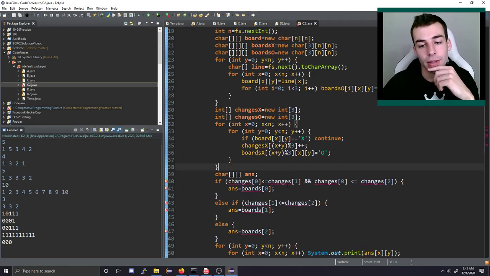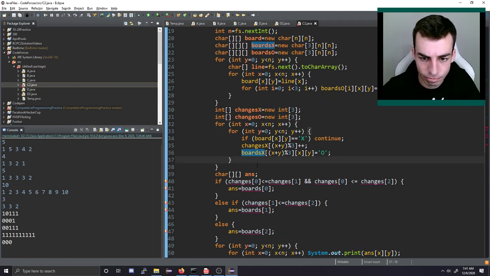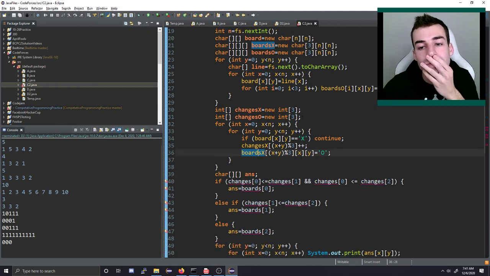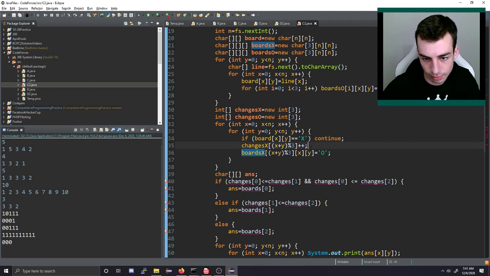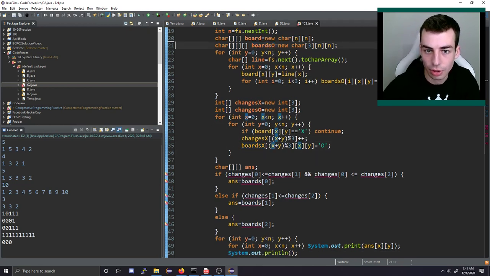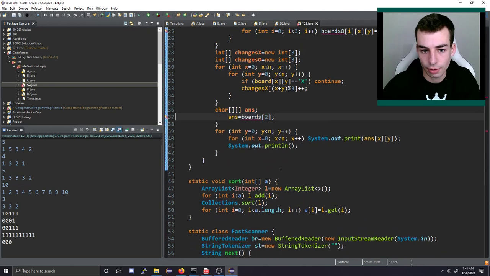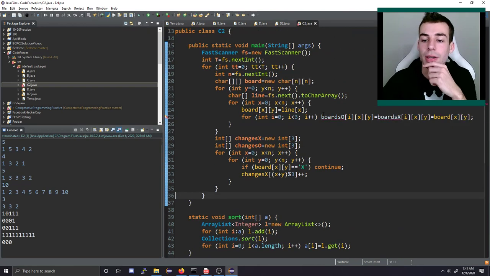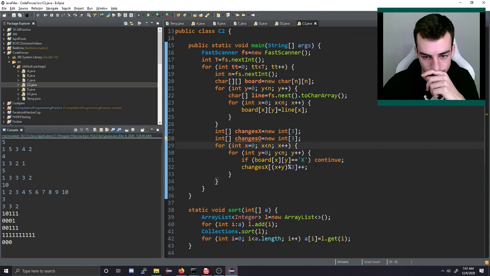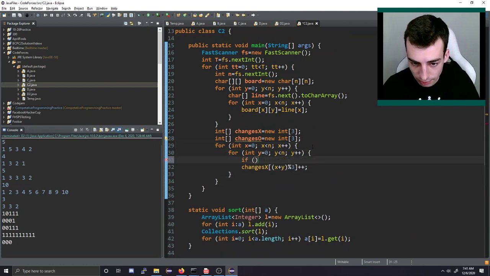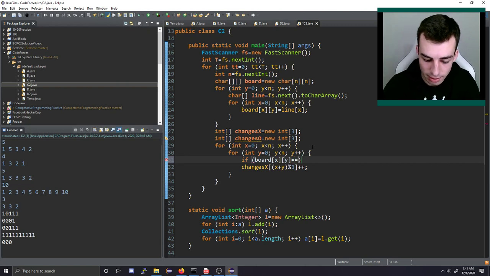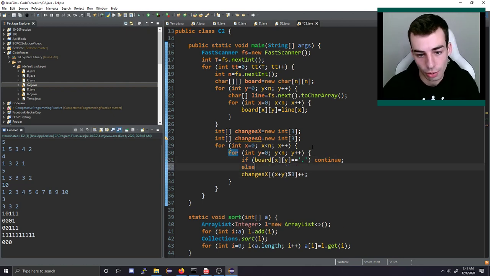Okay, yeah, I can generate random data here. If board at x, y is a dot, then continue, because we're fine with either.